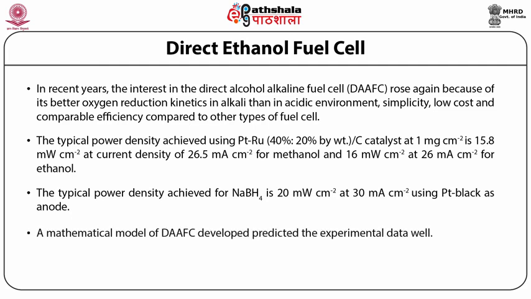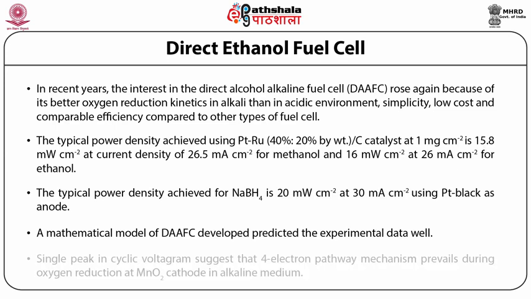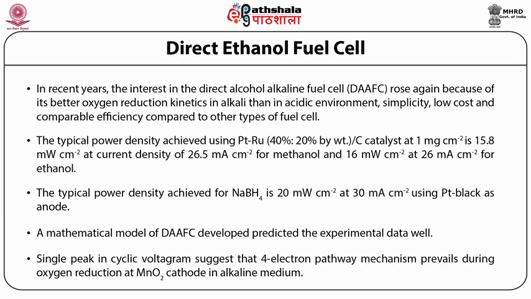A mathematical model of DAFC was developed and predicted the experimental data well. Oxygen reduction reaction at manganese oxide cathode in alkaline medium is studied using cyclic voltammetry and by measuring the volume of oxygen consumed at the cathode. A single peak in the cyclic voltammogram suggests that the 4-electron pathway mechanism prevails during oxygen reduction at the MnO2 cathode in alkaline medium.